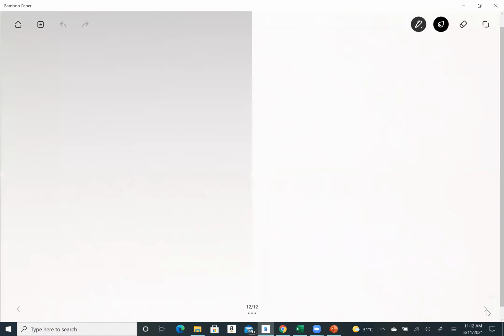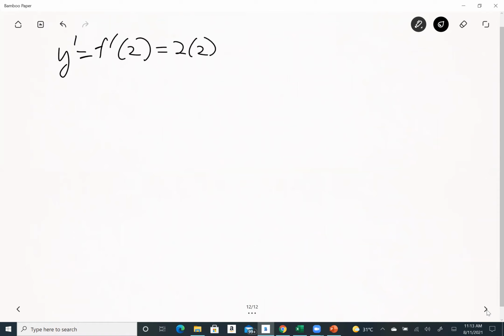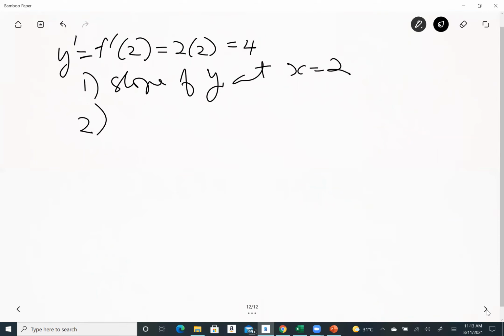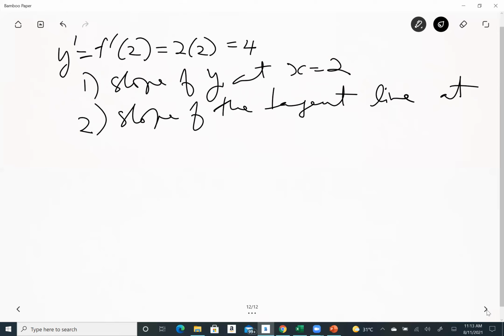When we do the substitution, you get y prime equal to f prime of 2 equal to 2 times 2, that is 4. Number 1, that is the slope of the curve at x equal to 2. Number 2, it's the slope of the tangent line at x equal to 2. So the slope is equal to 4.